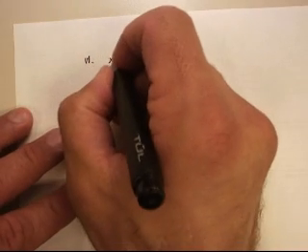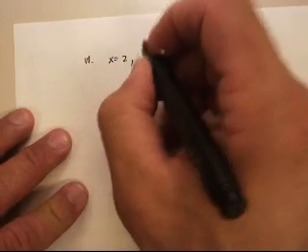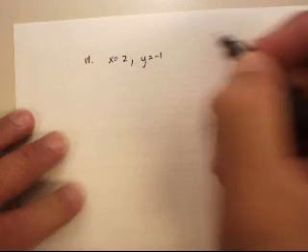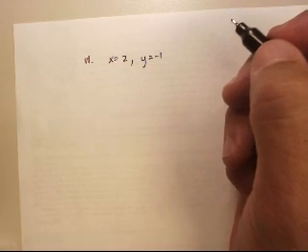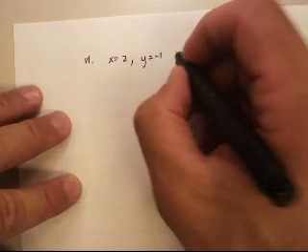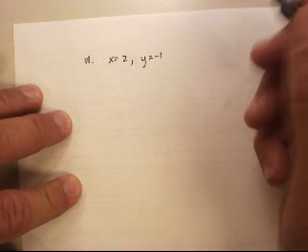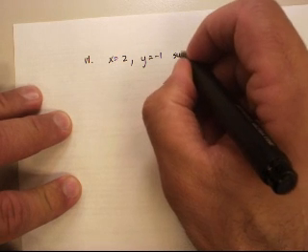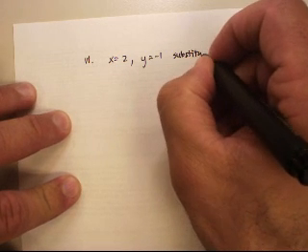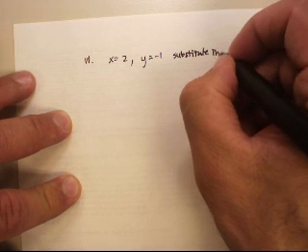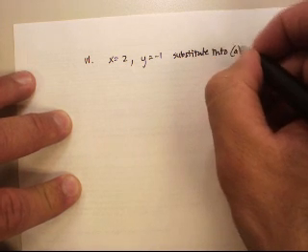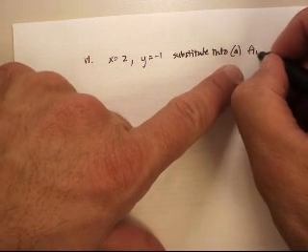If x is equal to 2, y is equal to negative 1, all I need to do now is substitute into either the A, B, or the C equation, and I'm going to substitute into the A equation, and I'm going to find z.